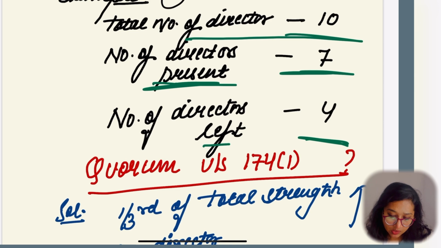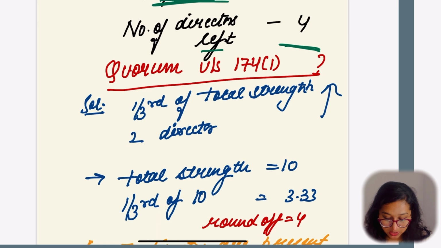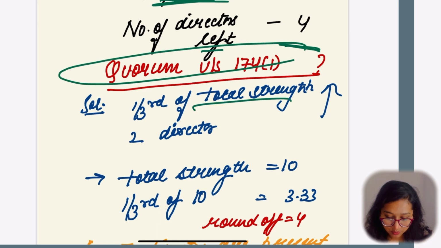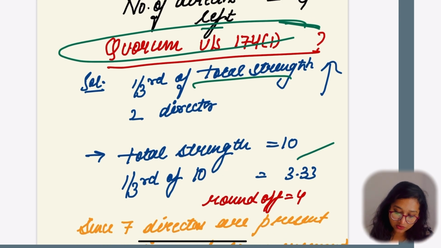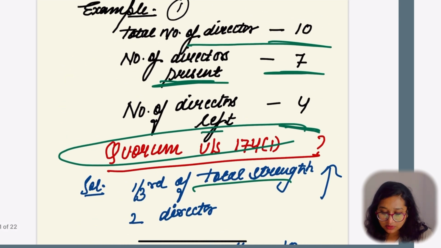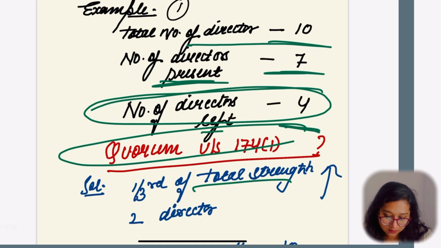Total number of directors are 10, number of directors present are 7, number of directors left were 4. As per quorum under section 174 subsection 1, quorum should be 1/3 of total strength or 2 directors, whichever is higher. Total strength is 10. Do you think we are going to take this, or are we going to deduct 4 from 10?